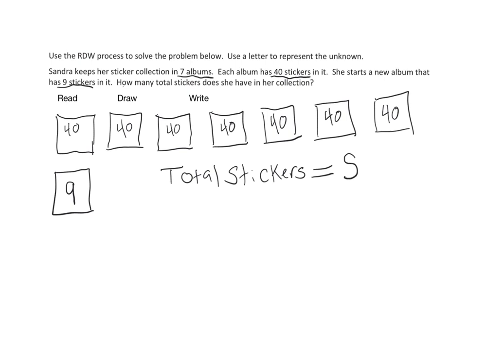an S for stickers. So in order to find this out, we can do 40 plus 40 plus 40 plus 40 plus 40 plus 40 plus 40 plus 9, or we can do 40 times 7 plus 9 equals S. Okay?